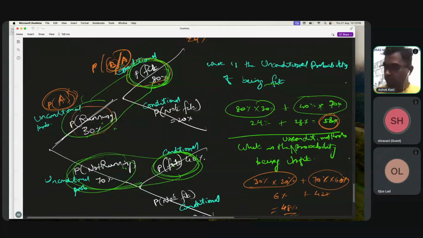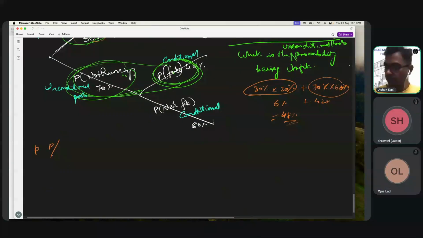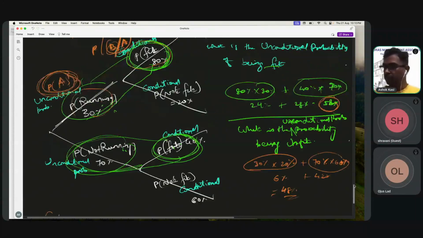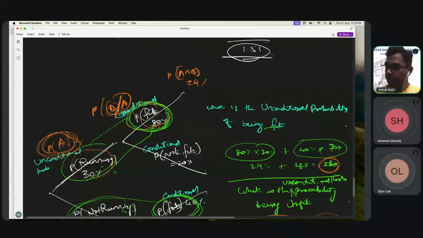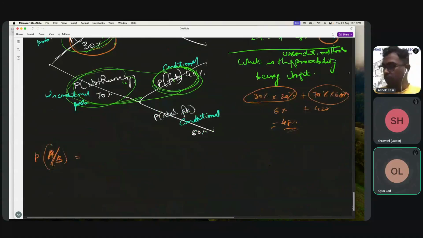That means this one I will make conditional. So probability of A given B. If B happens first, then what is the probability of A happening? That means if fitness happens first, what is the probability of running? You got the question? Yes. Okay.